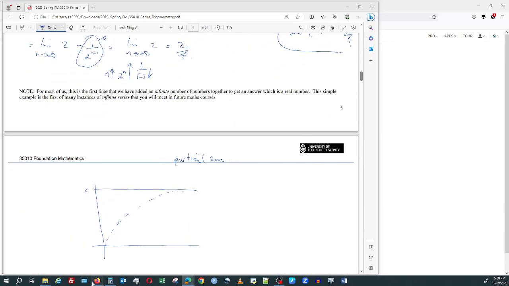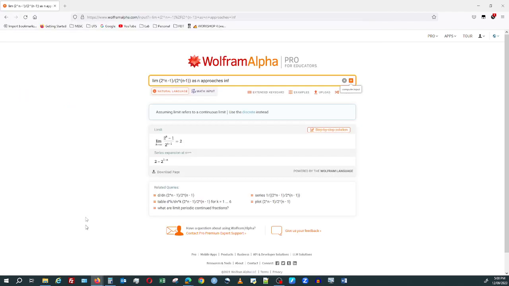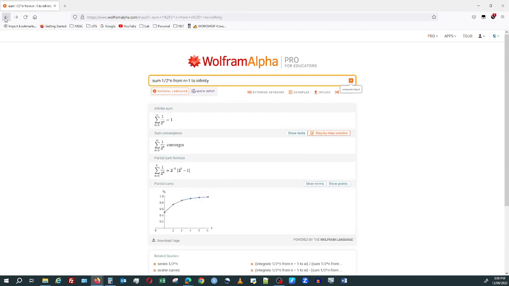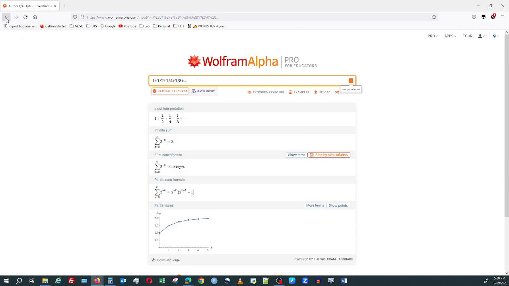So just going back to Wolfram for a minute, I just want to go back to the limit of the partial sum. And so get one more. That's the sum of the actual convergent closed form for our particular one, which is 1. So we need to be very clear about what it is that we're talking about when we do these.